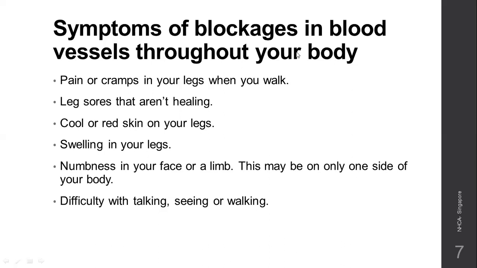This happens with some symptoms of a stroke that is waiting to happen. In that situation, you may have difficulty in talking, seeing, walking. So these are the certain symptoms for blockages in your blood vessels.